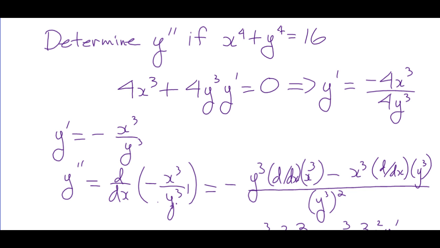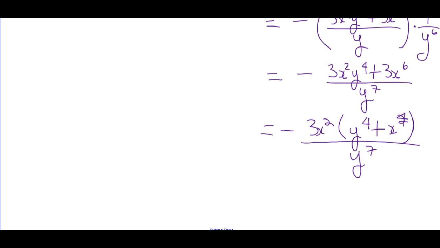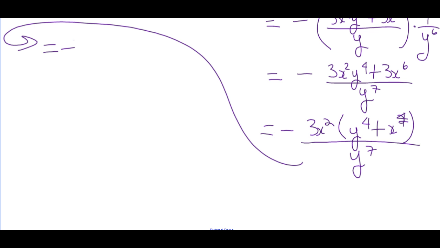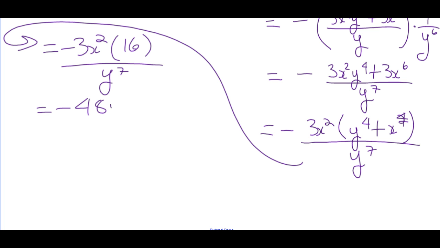Right? Wow, okay. So I'm going to come across. So it's negative 3x squared, and that's 16 over y to the 7th. So it's negative 48x squared over y to the 7th.